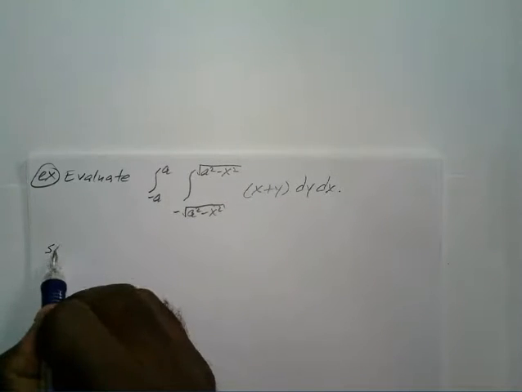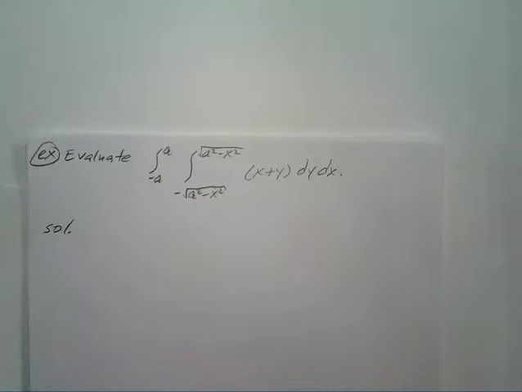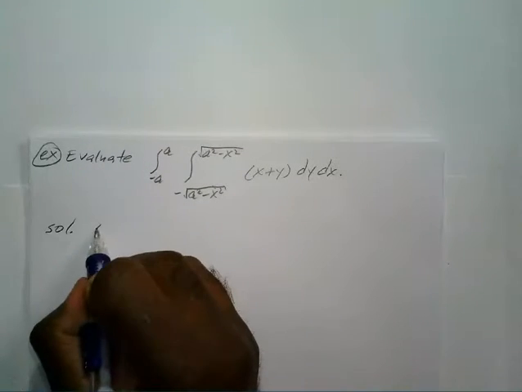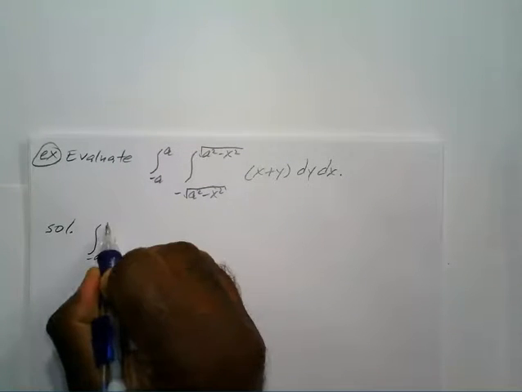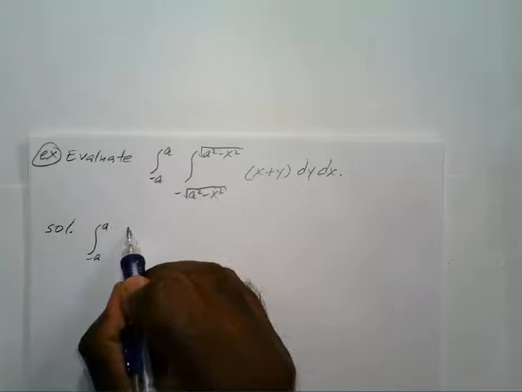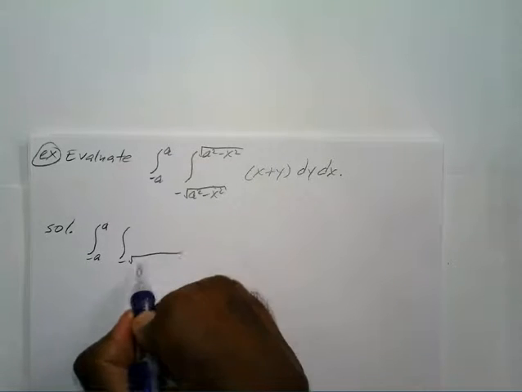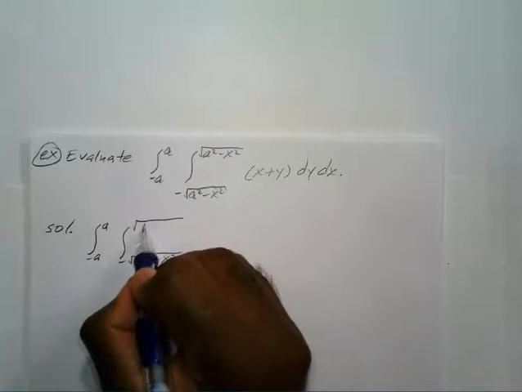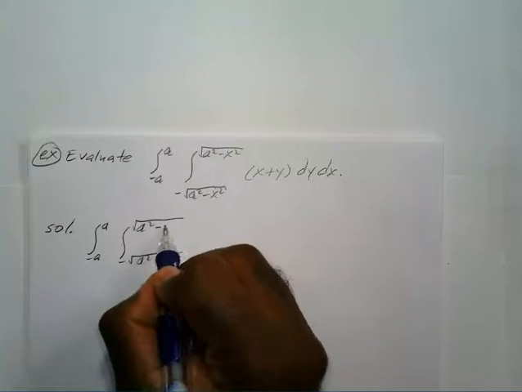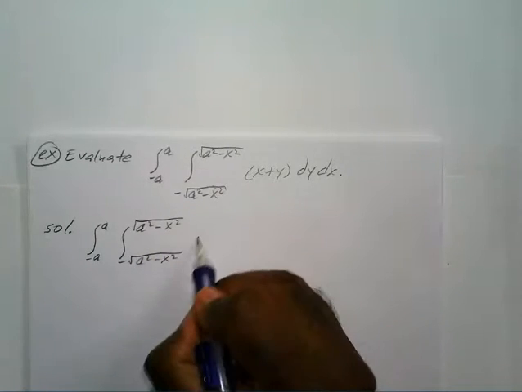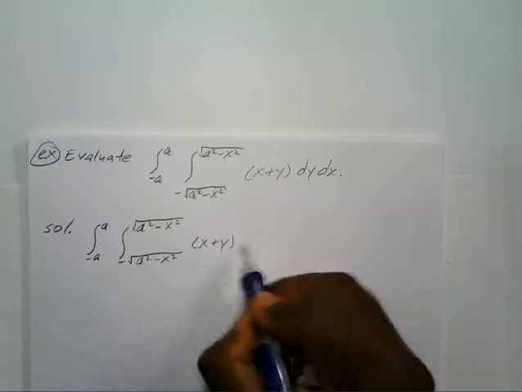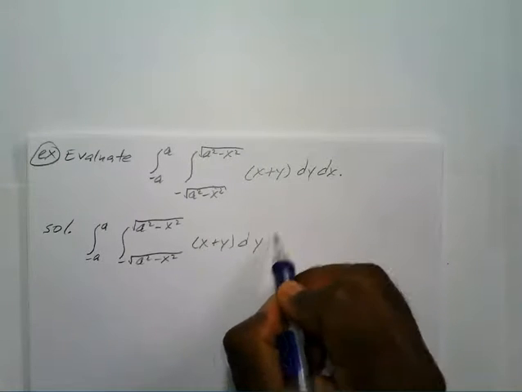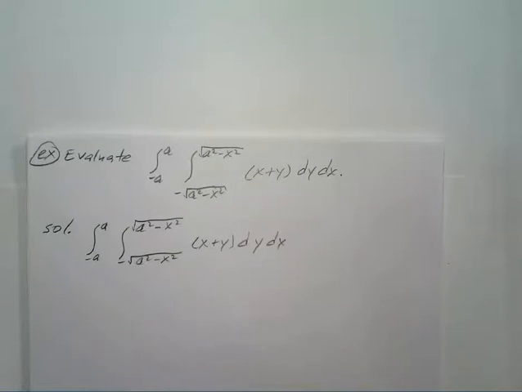All right, so I'm just going to go ahead and rewrite our problem. So you have negative square root a squared minus x squared to positive square root a squared minus x squared, x plus y with respect to y with respect to x.